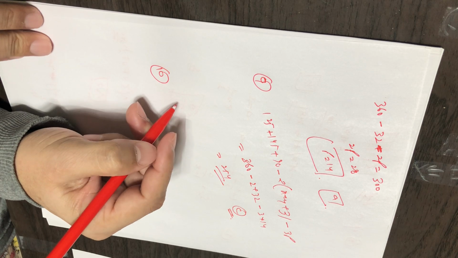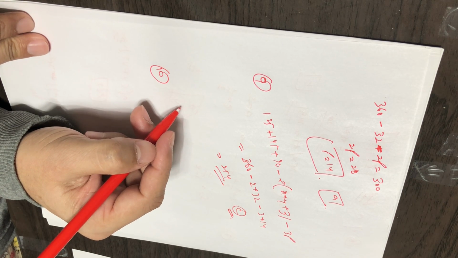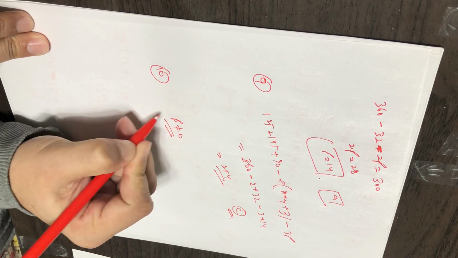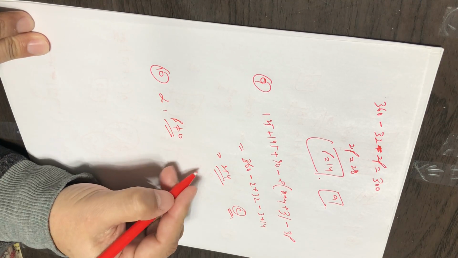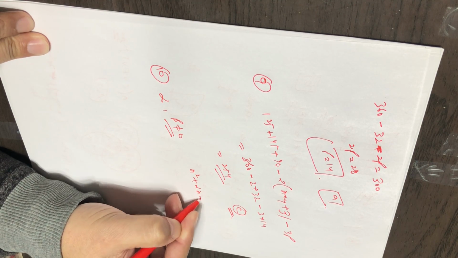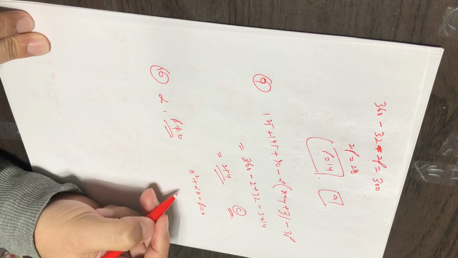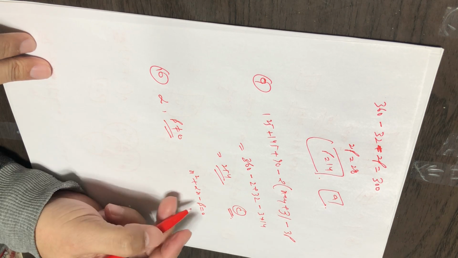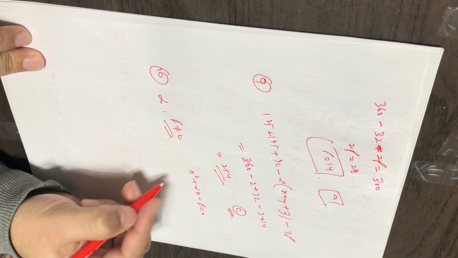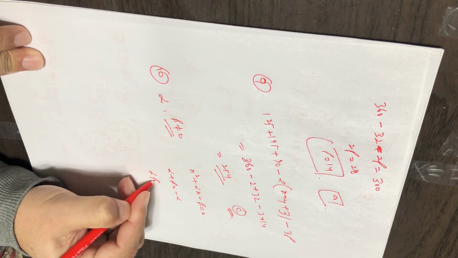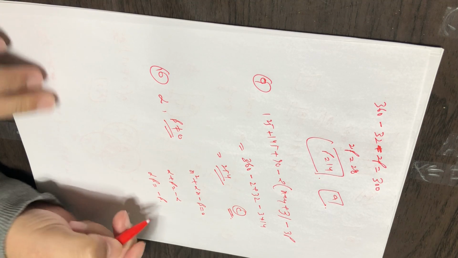10th question. If alpha and beta are the roots of the quadratic equation where beta is not equal to 0, the quadratic equation is given as x square plus alpha x minus beta is equal to 0. We are going to find the value. In this case, we know that the sum of roots is minus alpha and alpha beta is equal to minus beta.